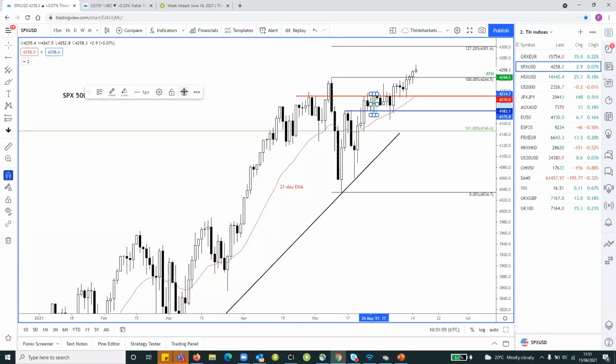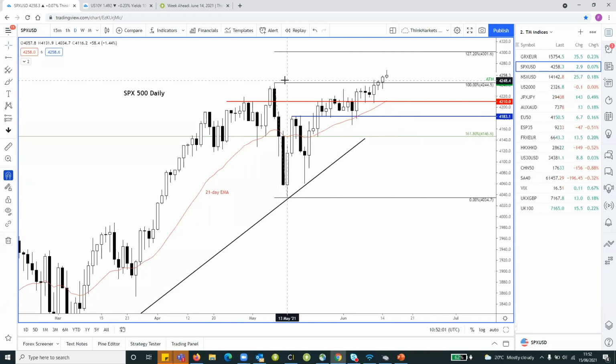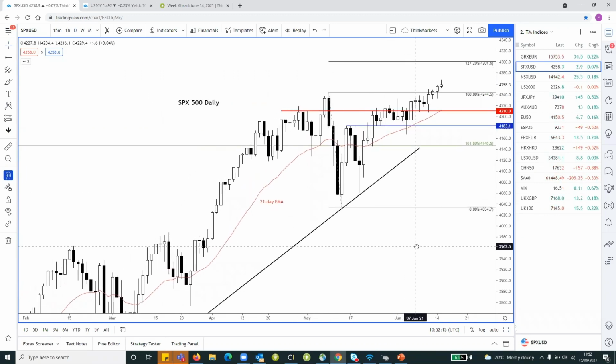So equity markets are telling us that investors are not worried about tapering, and so should the FX markets be worried? The thing with FX markets is it's always relative, right? You're looking at two currencies, one economy against another economy.